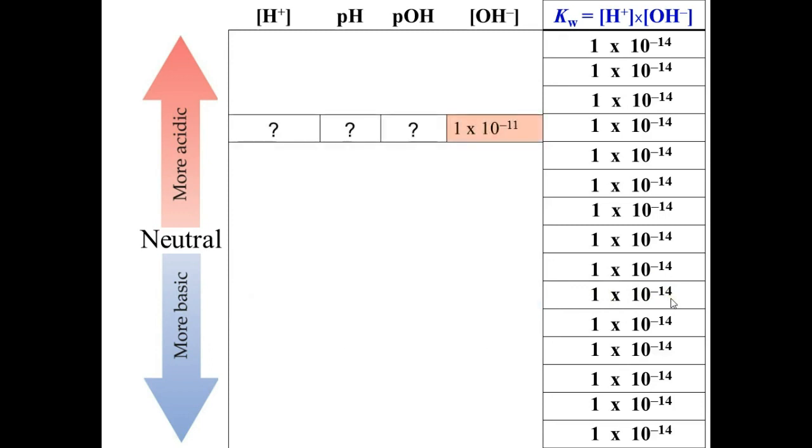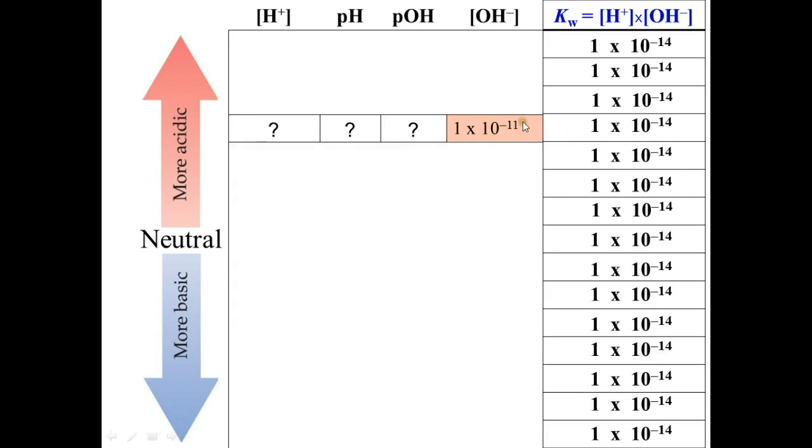Here we have the opposite, so now we have OH concentration. It's 1 times 10 to the negative 11th. Let's first figure out H plus. This is in the simple form, so you can just figure out that the exponents have to add up to negative 14.